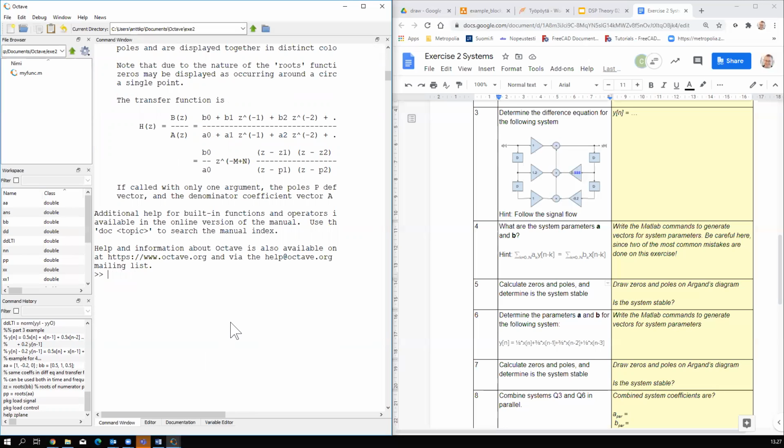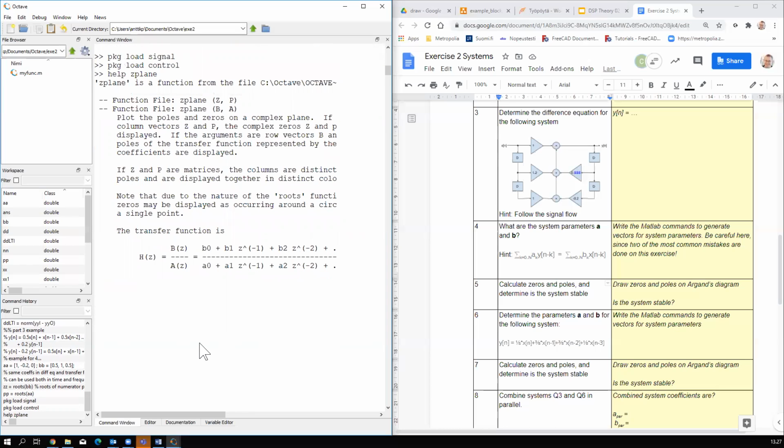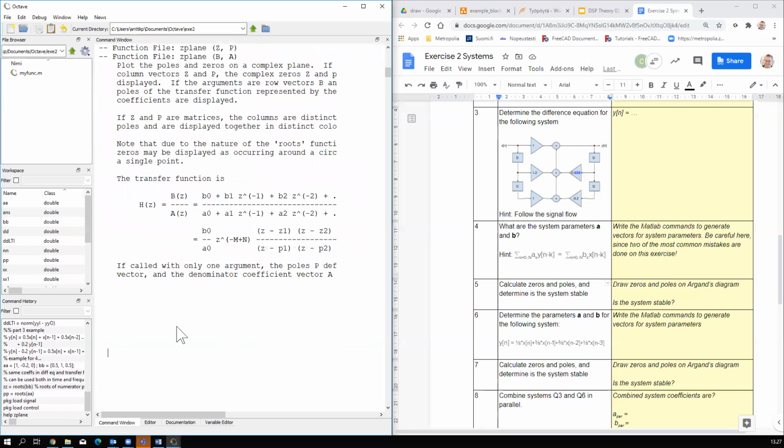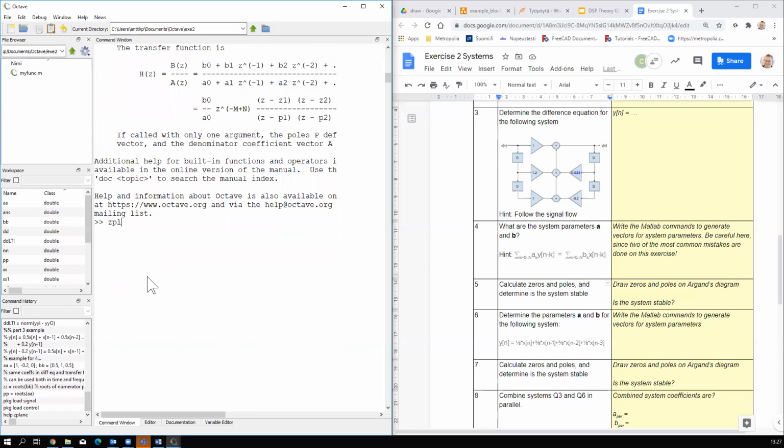So for Z-plane, you call it Z-plane B and A. Okay, good. This is basically almost the diagram. If you just plot that one as an answer, then that's just fine. So the zero-pole plot.